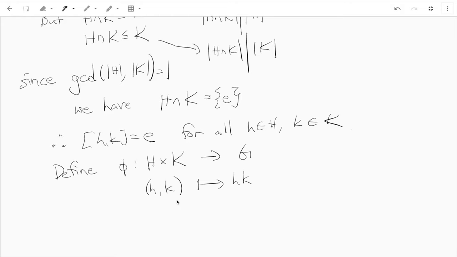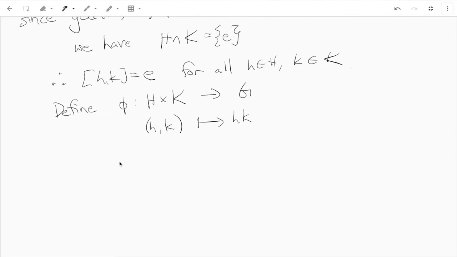Now we have to ask ourselves: is this onto, is this one-to-one, is it a homomorphism? First, is it a homomorphism? Phi is a homomorphism. Why? Multiplication in H cross K just works like this: we multiply the h's and multiply the k's.